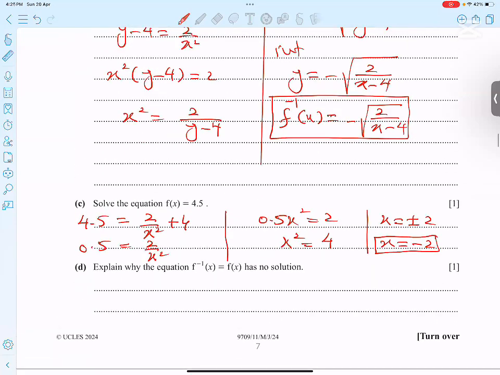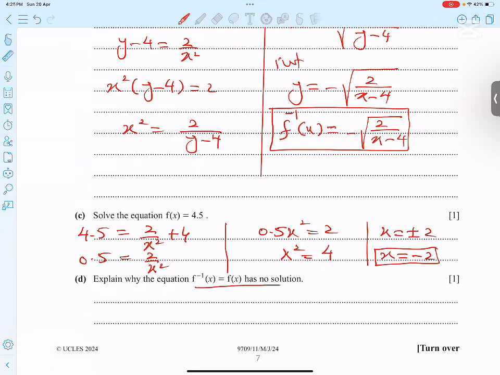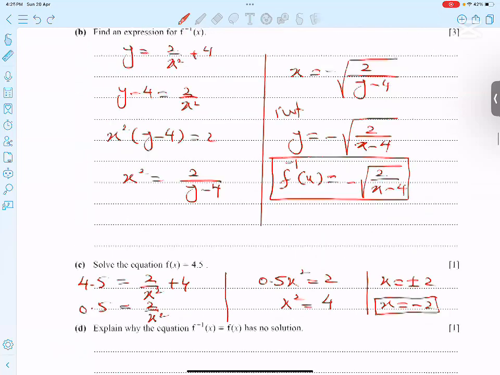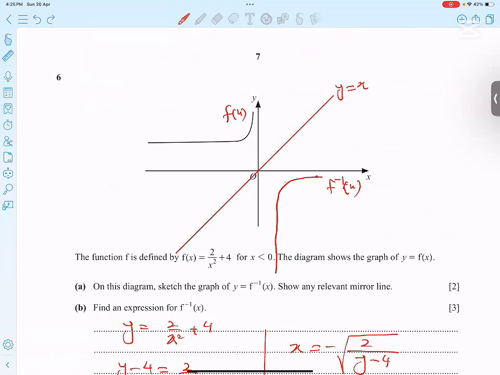And now he's asking to explain why f and f inverse have no solution. You can say they don't intersect, because one is totally negative and the other is totally positive. Here the y values are positive, and here the y values are negative. So the values of y will never meet each other.